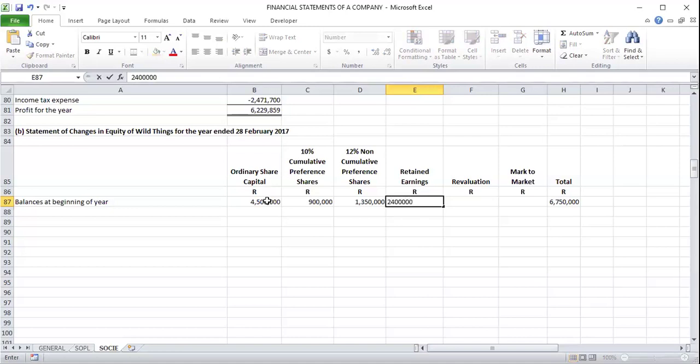There was no revaluation. It was 0. Our mark to market was 120,000.